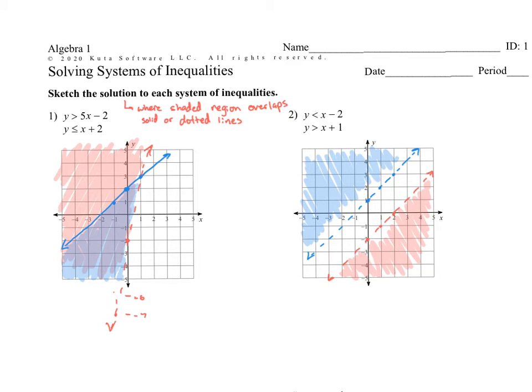Now, if my solution is where the shaded region overlaps, clearly there is no overlap here. Nothing happens. So your answer to this one would be no solution, because there is no place where these graphs overlap in any context.